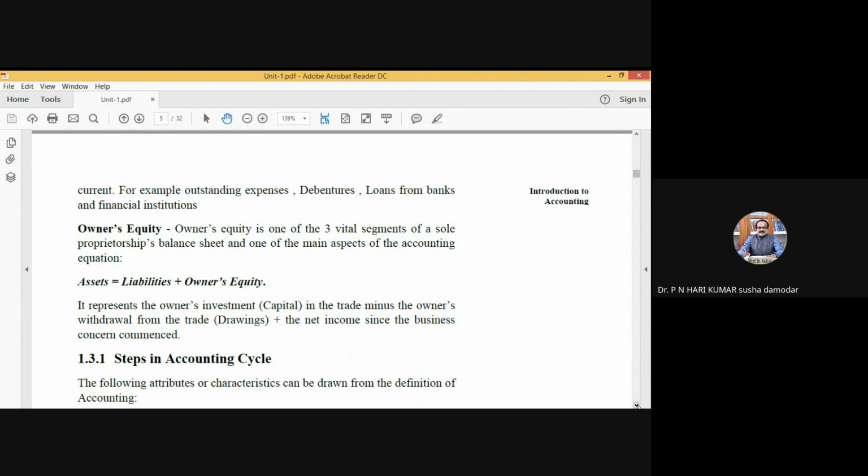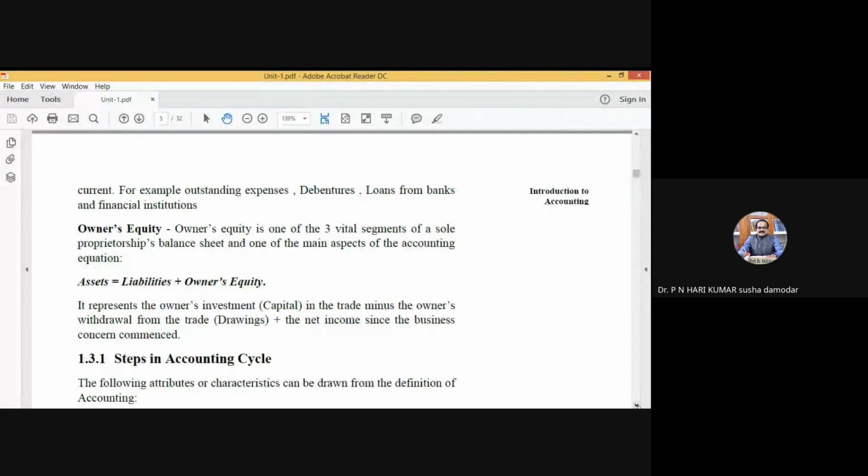So many assets I have owned and operated. So whenever you calculate the worth of my assets, definitely I should have certain liabilities. When I took a loan from a bank for the construction of my house, this is my liability.